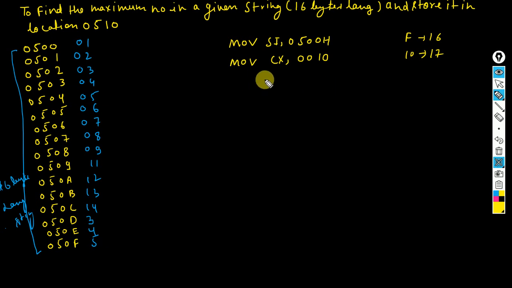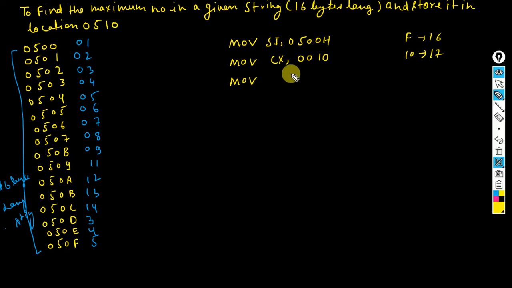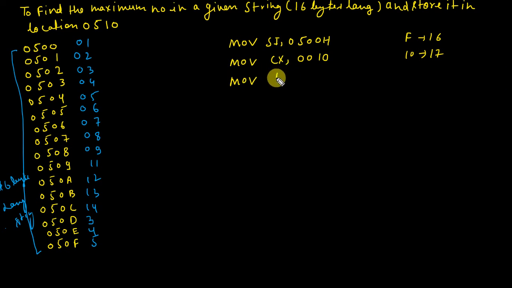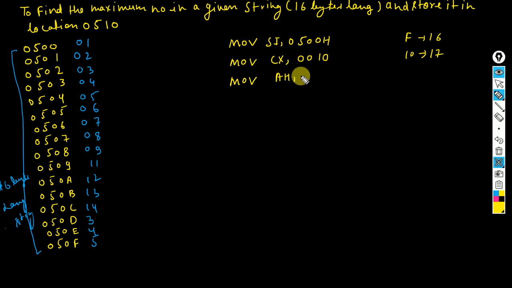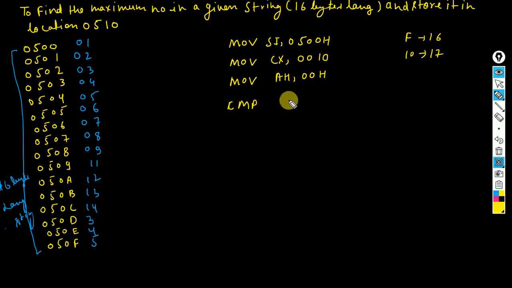Next instruction is MOV AH, 00H. Here we move the 00 number into our AH register. Next instruction is CMP AH, SI.